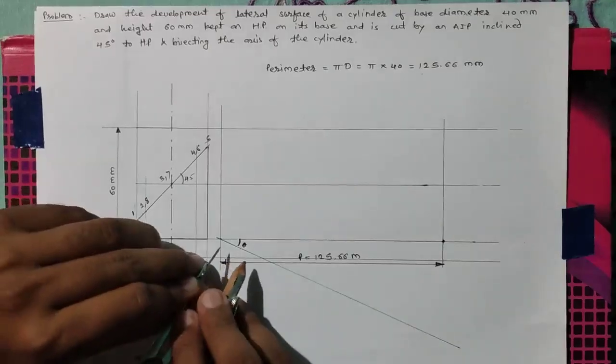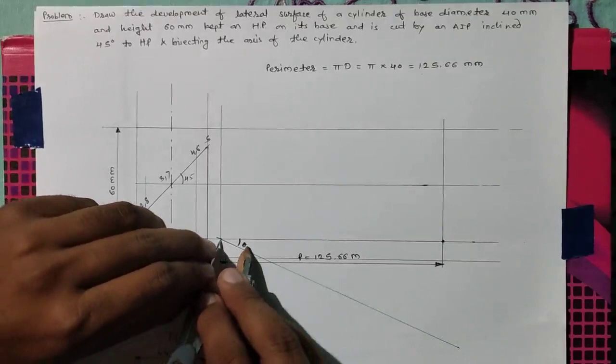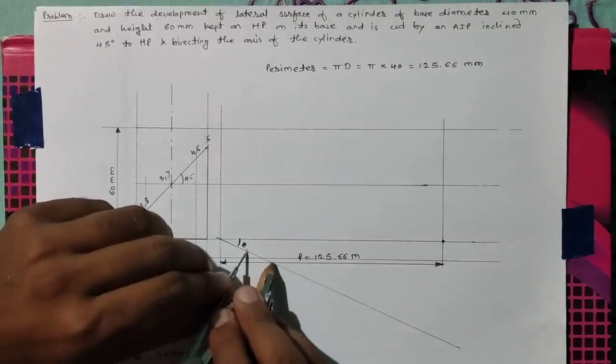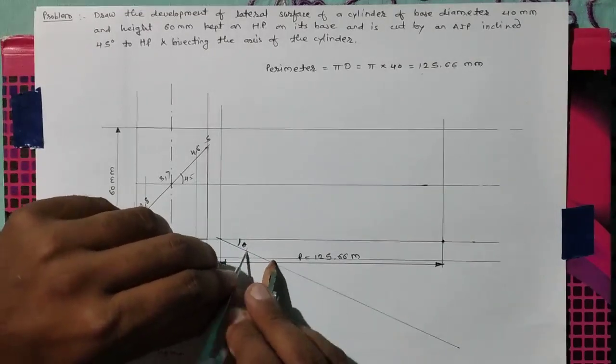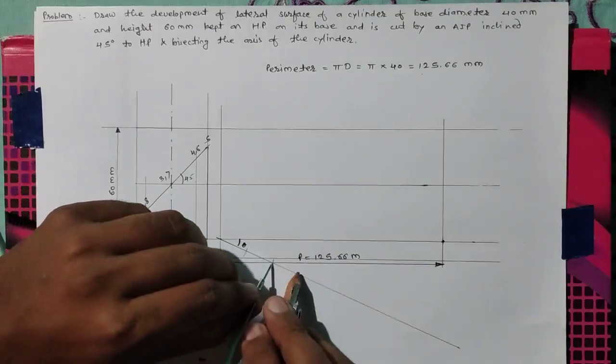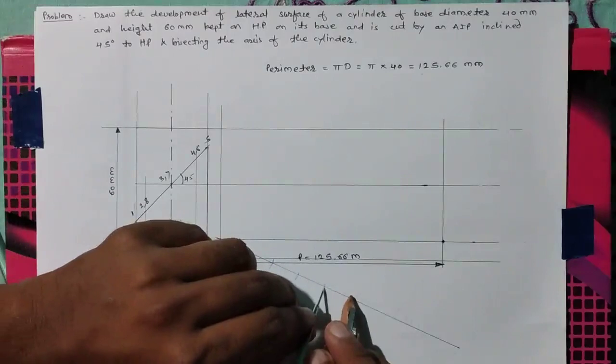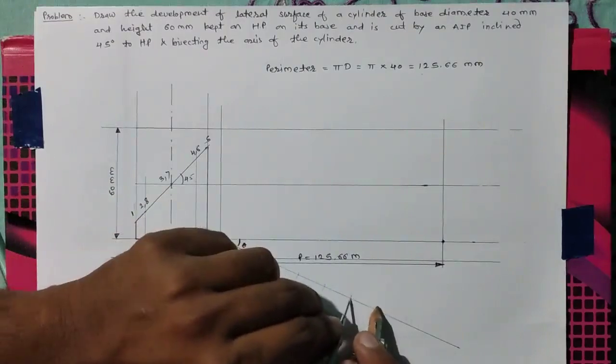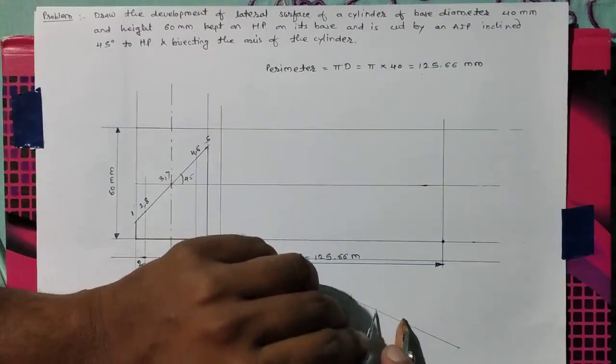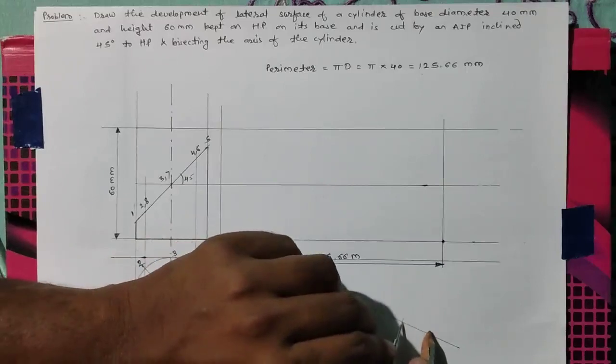After taking a suitable distance in the compass, draw 8 points: 1, 2, 3, 4, 5, 6, 7, 8.